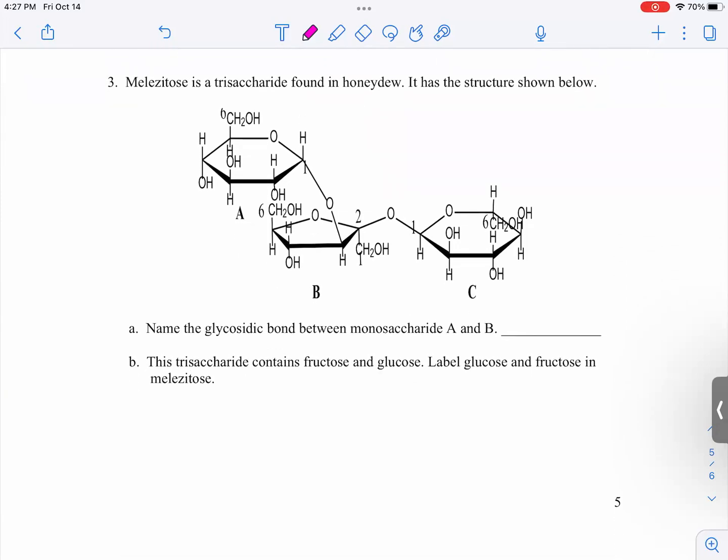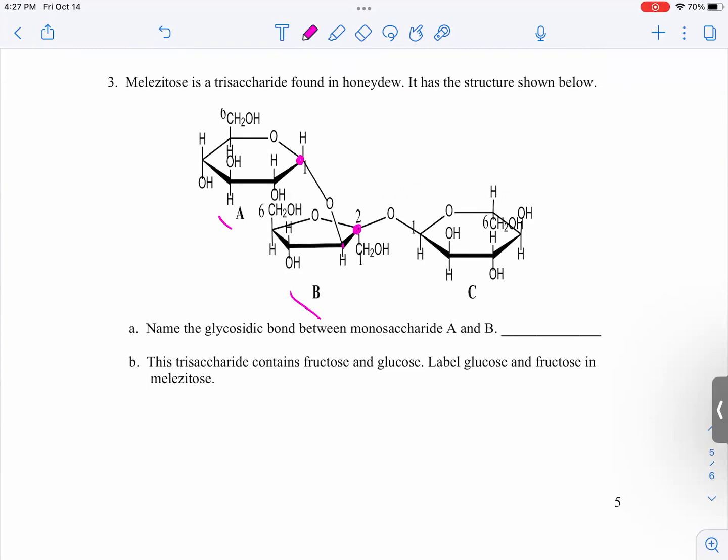Malazotose is a trisaccharide found in honeydew. It's the structure below. So it wants us to name the glycosidic bond between monosaccharide A and B. So A and B, all right, here's the glycosidic bond. Here's our anomeric carbon here. And we have another anomeric carbon here, but it's not involved in the glycosidic bond.